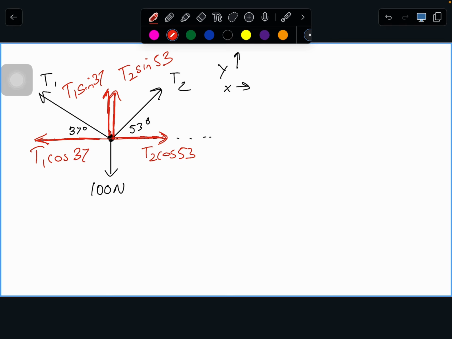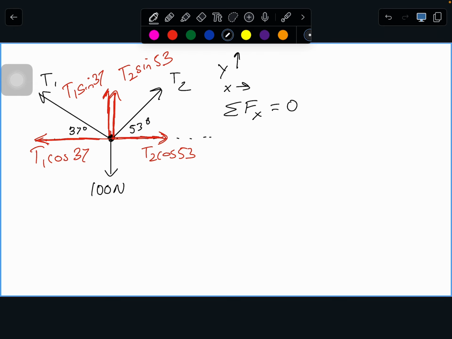Are we okay with resolving the vectors? Is that a headache for anybody? I know I'm going pretty fast. But we'll do some examples, hopefully. Now, we've got to write our equations. So we have two equations to write, and we'll start with this one. The sum of forces in the x direction has to equal 0.